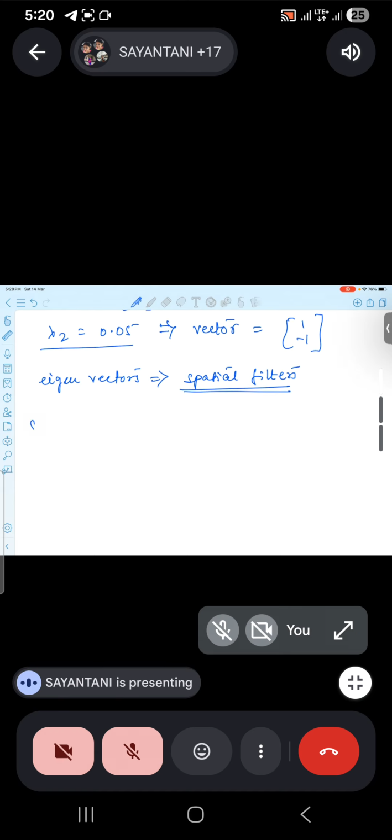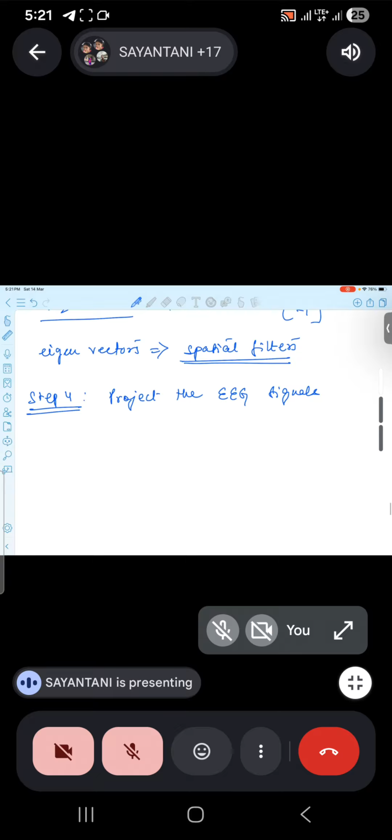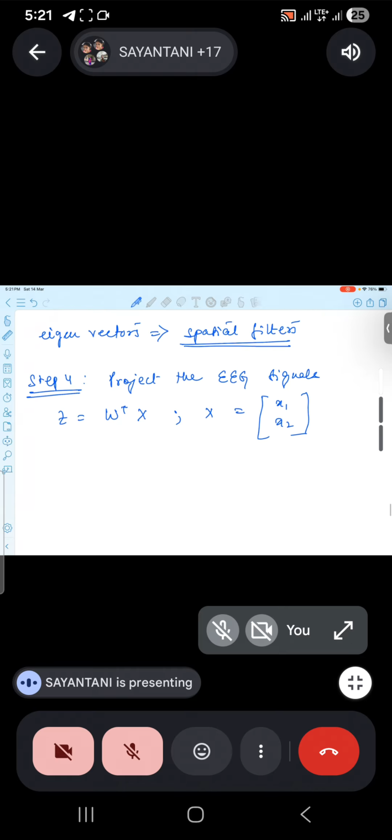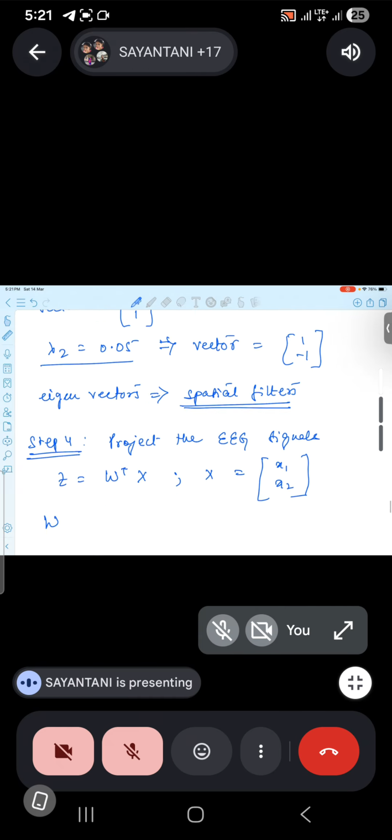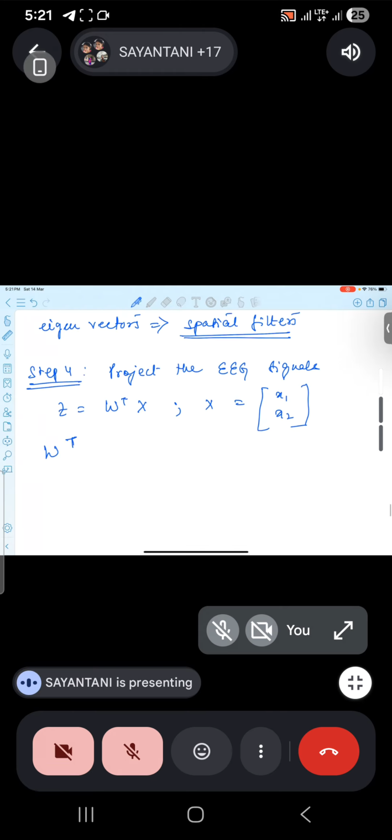So now the final step, that is step 4, you have to project the EEG signals along your spatial filters. So the projection mechanism is Z is equal to W transpose X. X, you can keep two components, X1 and X2. Okay. So for W, you have these two vectors, right? So I'm taking the transpose.